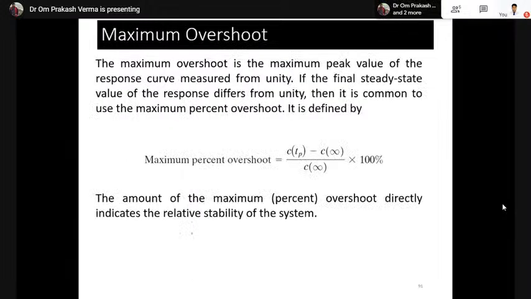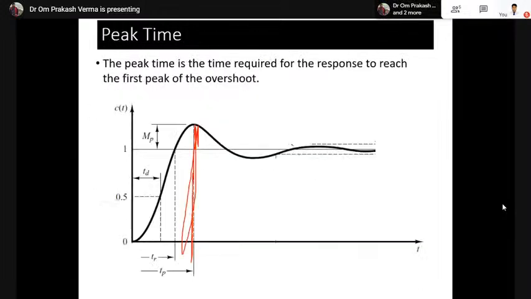Okay, one question had been asked in the GATE examination, as I remember. They asked about the second overshoot. So what is your opinion: is this one the second overshoot, or the first one? No, this one is the first undershoot.